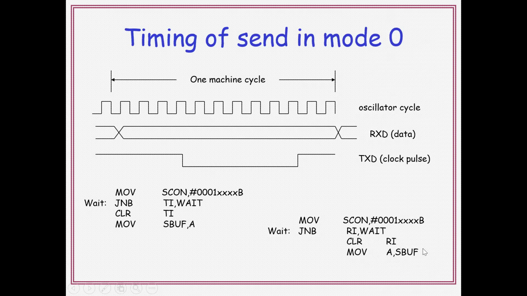After that, whatever data is available in the receiving buffer, called the serial buffer, is loaded into the accumulator. Here in transmitting, wait for transmit, transmit data, and then wait for the transmit interrupt. Here in receiving, first wait for receiving, and after that read data.